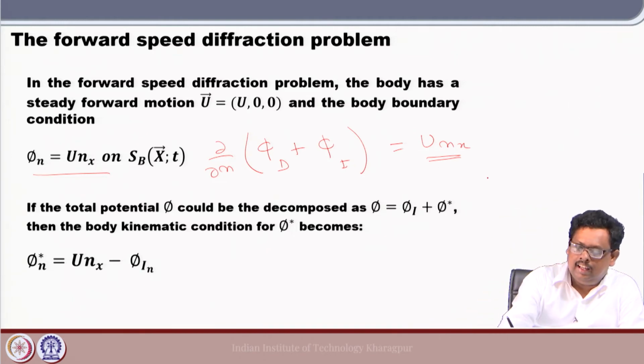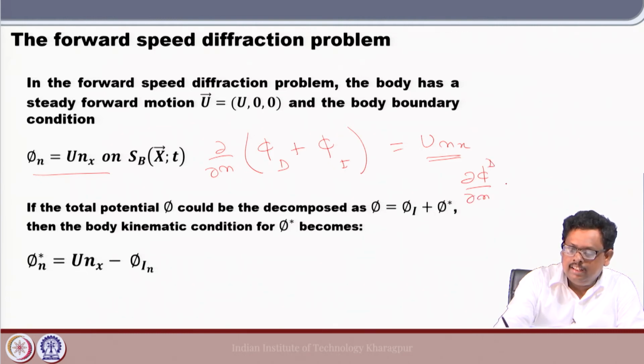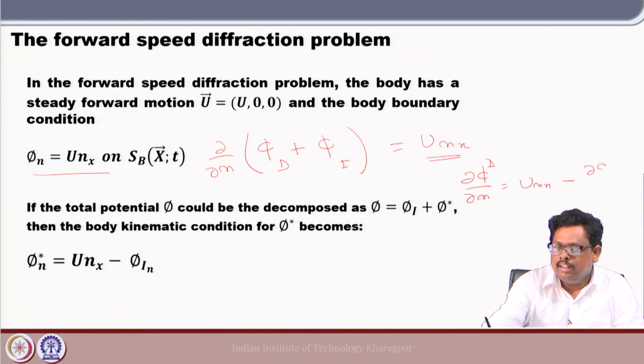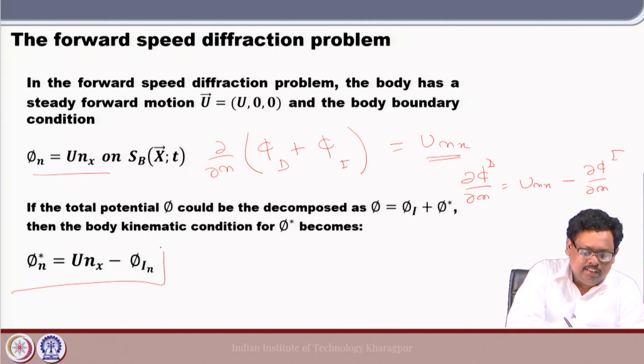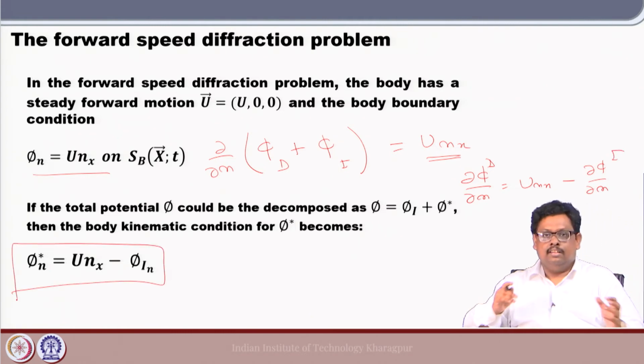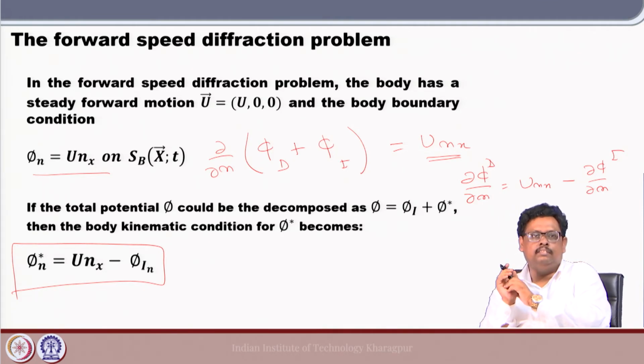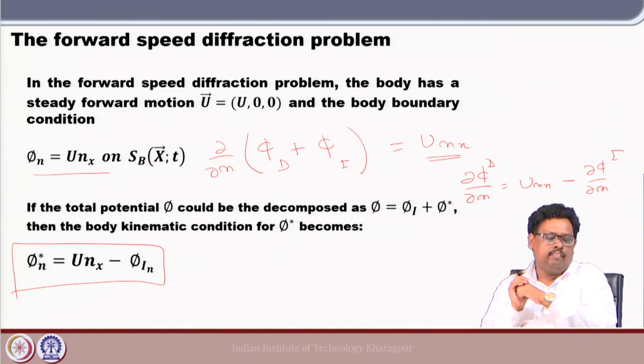So, then I can have del phi d del n equal to u into n x minus del phi I del n. Now, this is nothing but the forward speed diffraction problem, right. Okay.